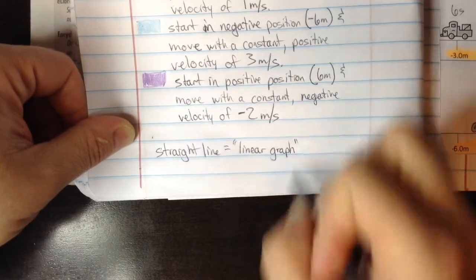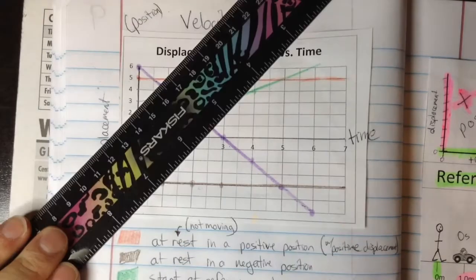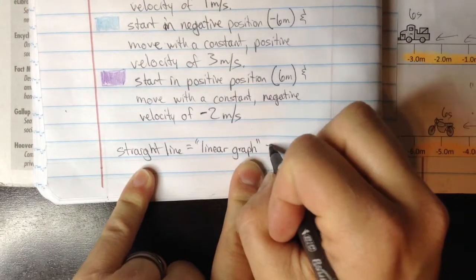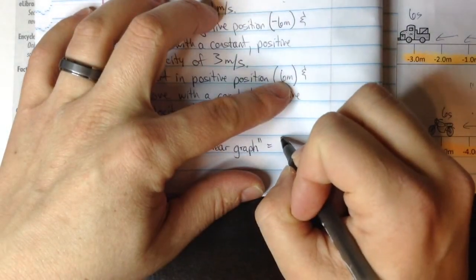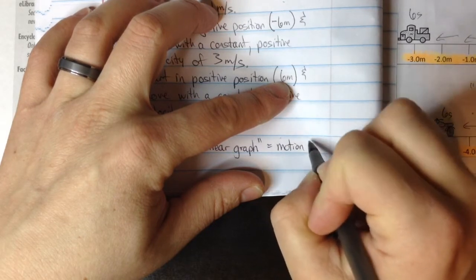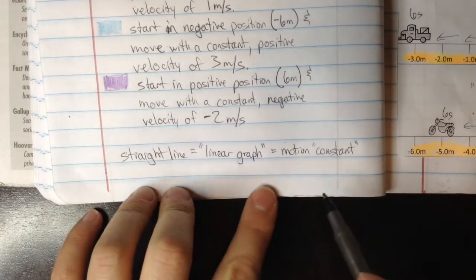Okay, we call it a linear graph. All of these are linear graphs. They're all straight lines. I did them all with a nice straight ruler. When you have a linear graph, that means the motion is constant. It's not changing. Whatever it is, it is constant.